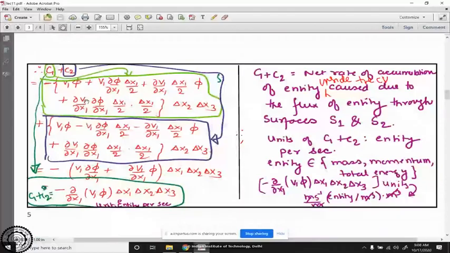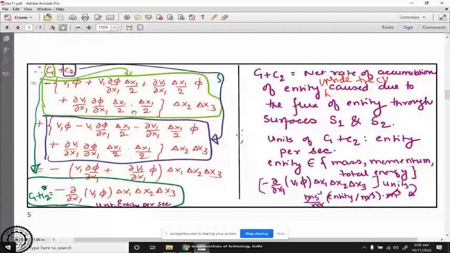And you see that C1 has a term involving delta x1, delta x2. I mean, it has a term of order 2 also. Now, when you consider these two things together, fortunately, many terms cancel out. So V1 phi will cancel out, and even this term with delta x1 square cancels out.